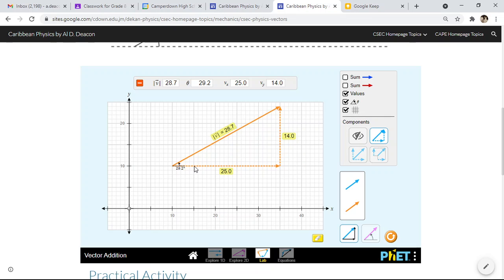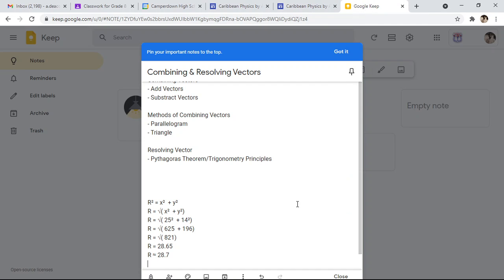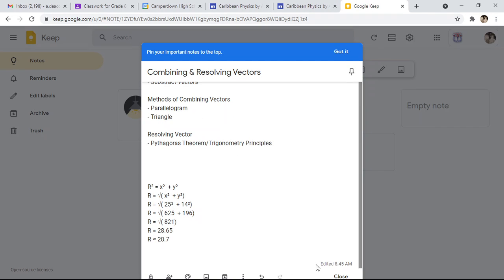Now if you want to know how you will get back the 29.2 degrees, if you did not get it, it is simple. All you need to do is use a trig function called tan.